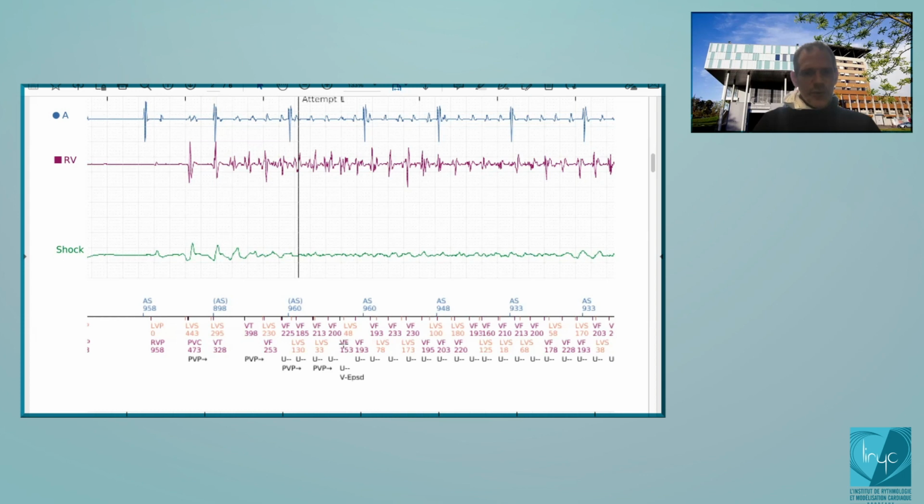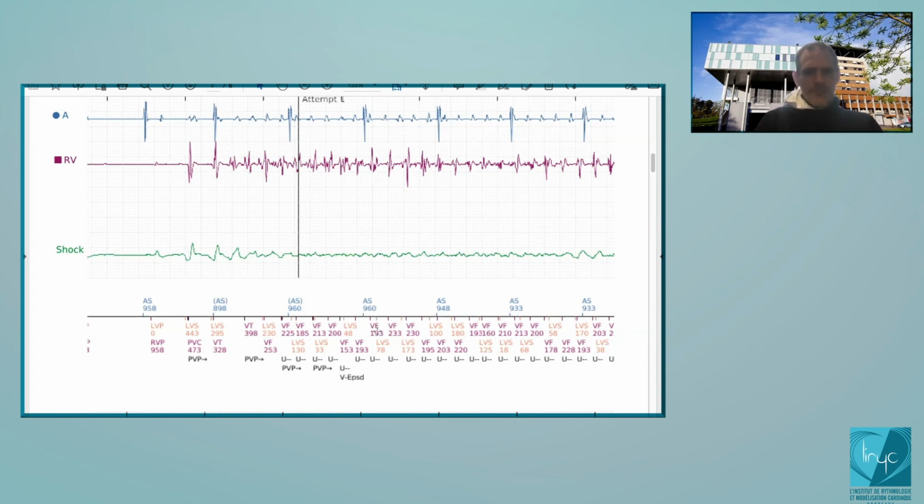On these cycles, you have 8 out of 10 for the VT counter, so V episode. But if you wait 2 additional cycles, now you have 1, 2, 3, 4, 5, 6, 7, 8. On this one will start the initial duration for the VT zone, and on this one will start the initial duration for the VF zone.